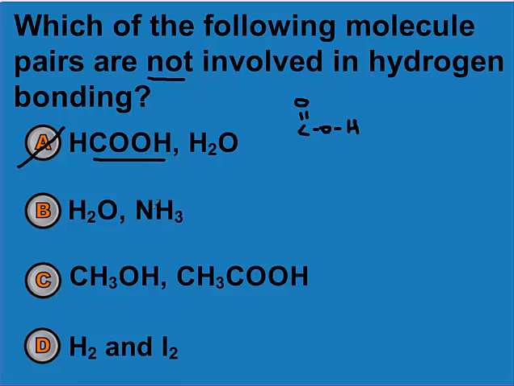Water's hydrogen bonded, as is hydrogen attached to nitrogen. Here's our organic acid, and alcohols are also hydrogen bonded. Here we have hydrogen attached to itself, so that's definitely not hydrogen bonded, and iodine doesn't even have hydrogen in it.